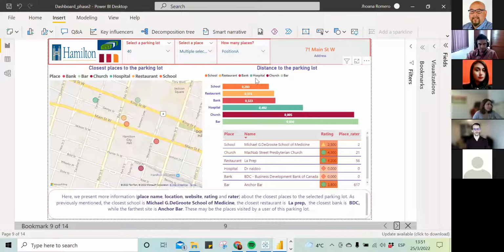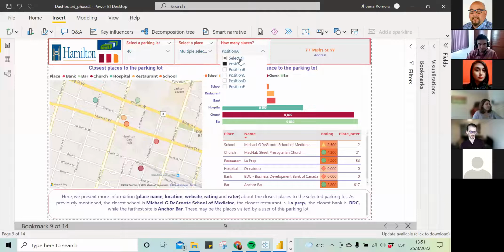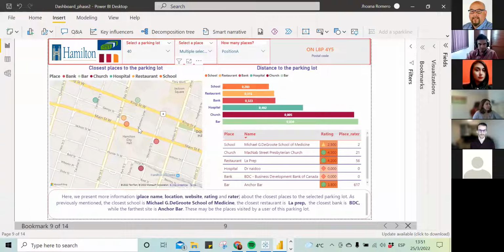It's important to mention that in this dashboard, we not only check the information of the first nearest place, but also the 5 nearest places to this parking lot, which is one of the most important parking lots in Hamilton City.